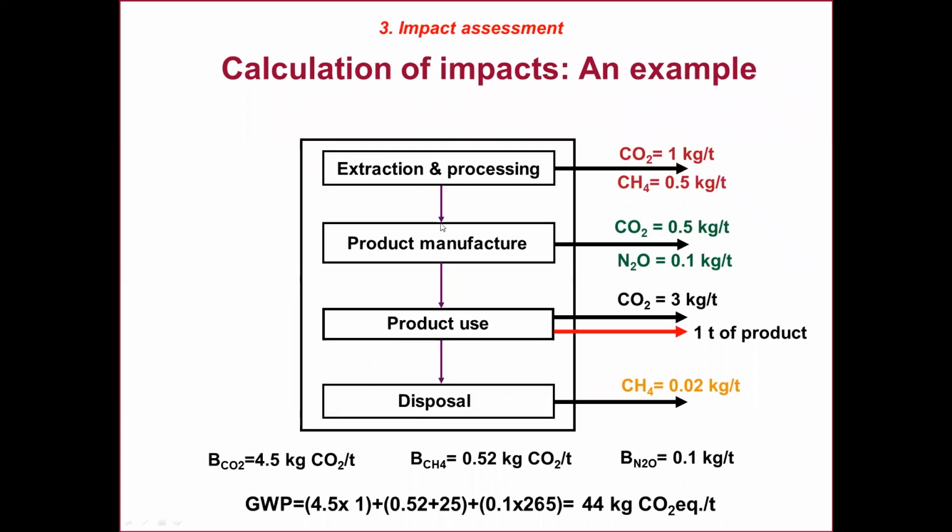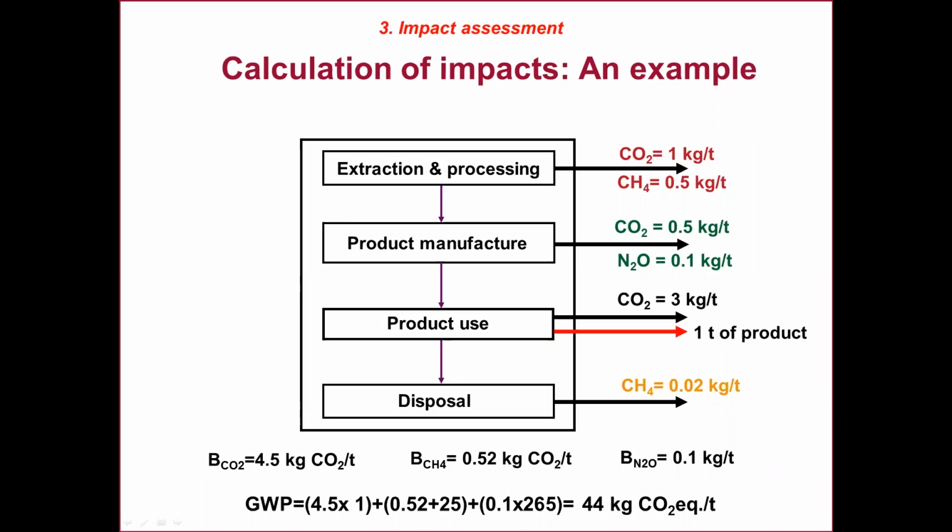Here is a bit more of an example. At the inventory level, we said these are the CO2, methane, and nitrous oxide emissions occurring from different stages. Once we summed up, the total burden of this particular system boundary, in terms of carbon dioxide, is 4.5 kilograms per ton, methane is say 0.5 kilogram, and nitrous oxide is 0.1 kilogram.